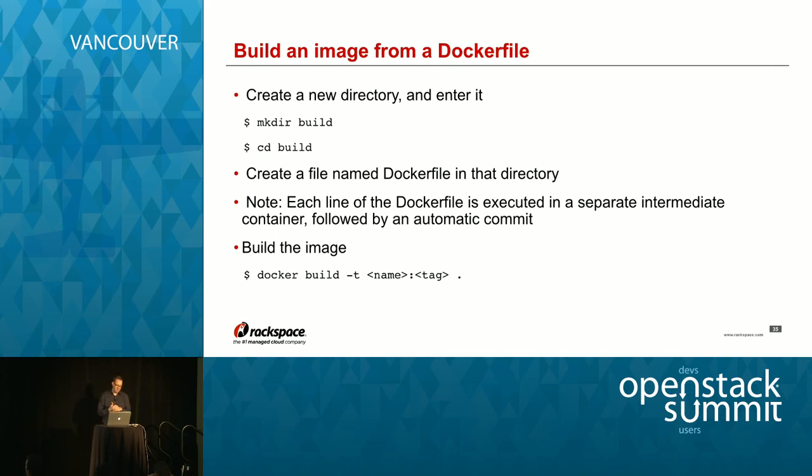You make a new directory, you go into it, you put a file in there called Dockerfile. You put in your Dockerfile language, right? The from, maintainer, add, any runs you want, and then your CMD line and your expose line. And you save that, and then you run docker build -t, the name of the image you want to create, and any tag that you want to attach to it.